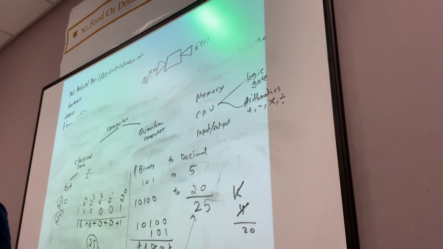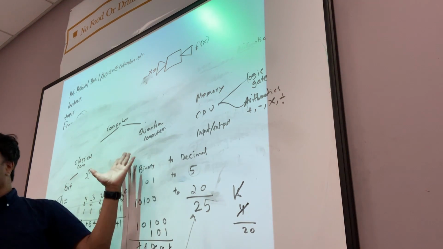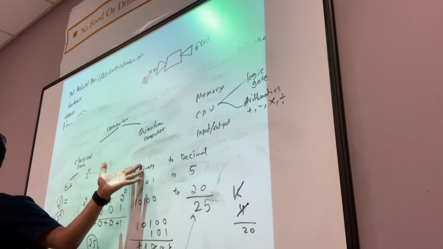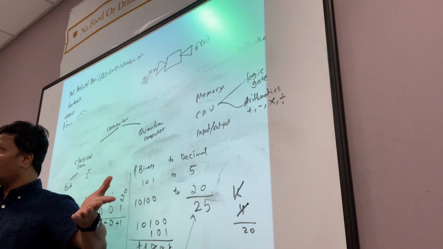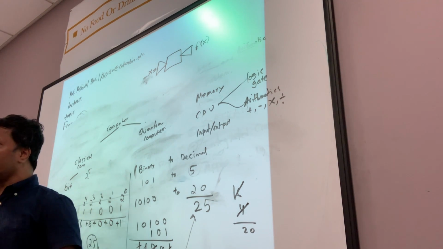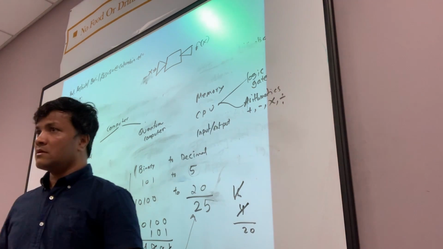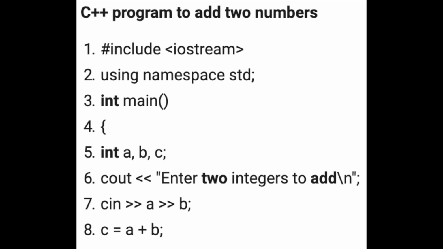There are many ways you can write it. Fortran is one of the ways, the computer language invented as the fast computer language. But in this course, what are we going to be typing it in? C++. So we can write in C++ that we want to add 5 plus 20.